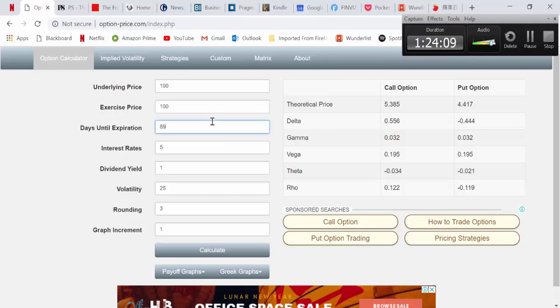My point to you is, when you look at theta, first of all, please remember it is always a negative number. And when you are changing the time and nothing else, the theoretical price will keep going down by this amount. Okay.